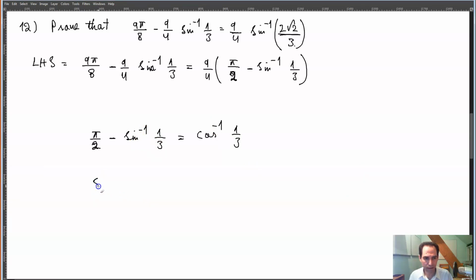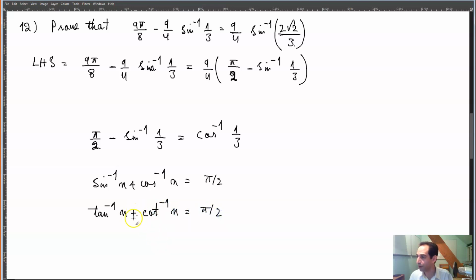So we said that the sine inverse of x plus the cos inverse of x is equal to pi divided by 2, and also the tan inverse of x plus the cot inverse of x is equal to pi divided by 2, and also the cosecant inverse of x plus the secant inverse of x is equal to pi divided by 2.